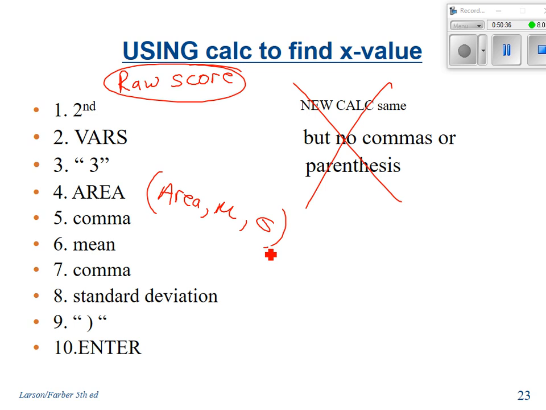Still going to go to that inverse norm. So now the calculator is not only using the chart backwards for you, but it's also transforming everything from z-scores into raw scores, into an actual test score or an actual weight or whatever you're dealing with.